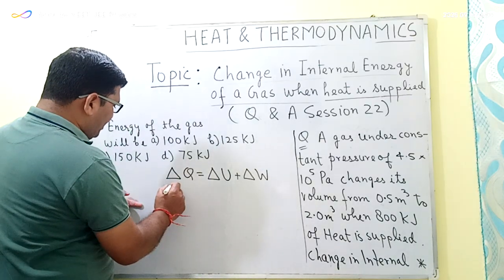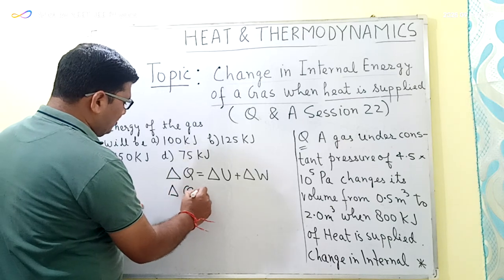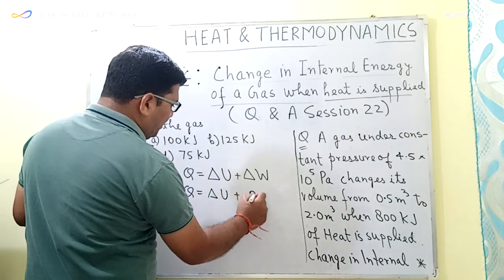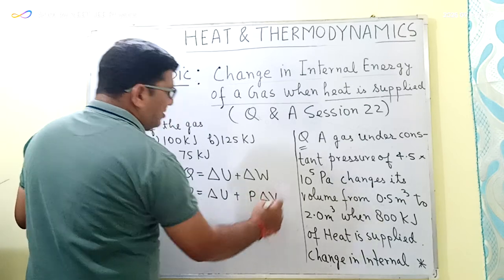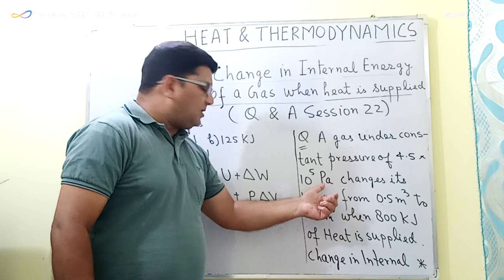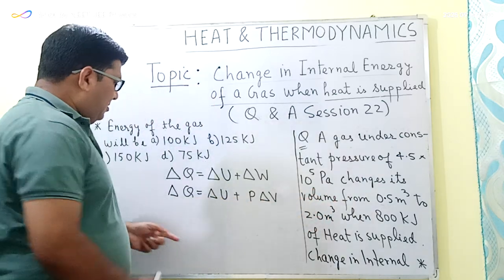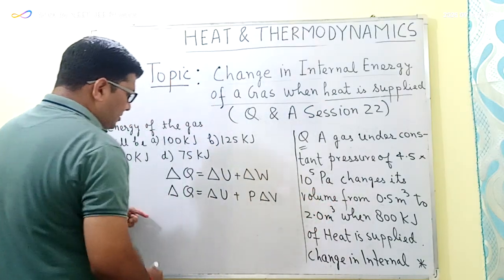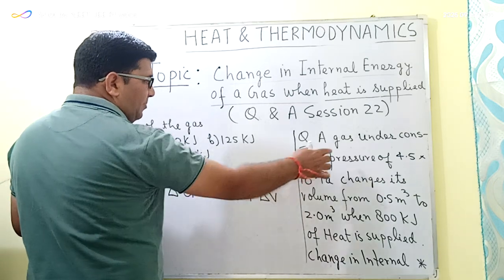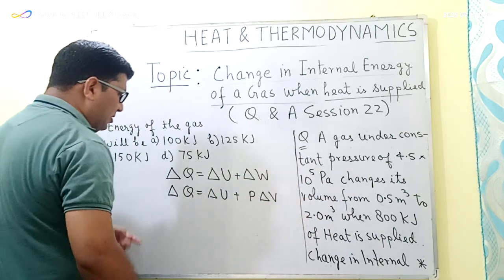So this equation can further be written as delta Q is equal to delta U plus the work done, which is equal to P delta V. Here P is equal to 4.5 into 10 to the power 5 Pascal, and the work done will be equal to this pressure multiplied by the change in the volume.